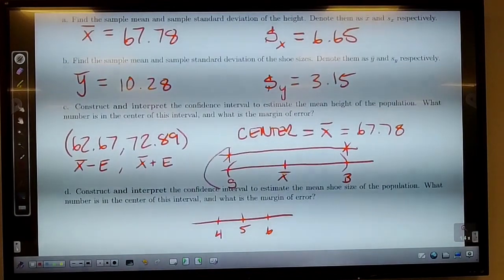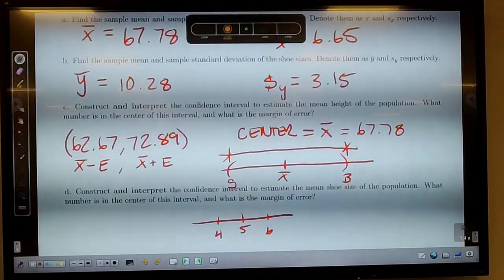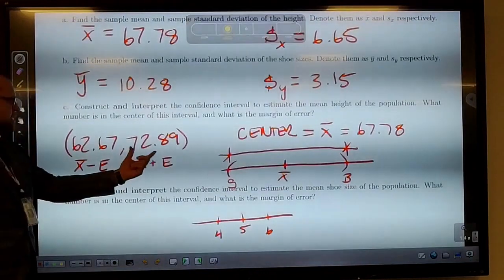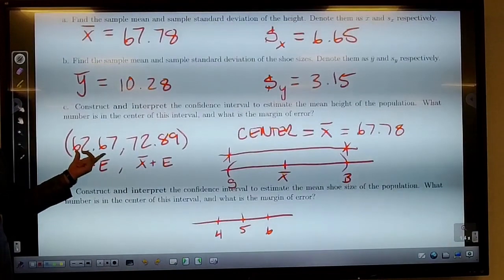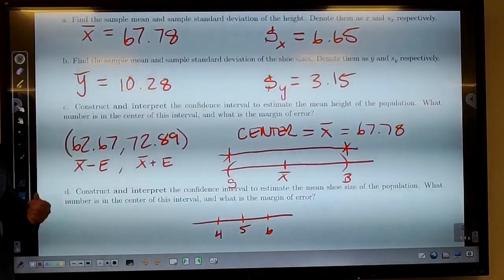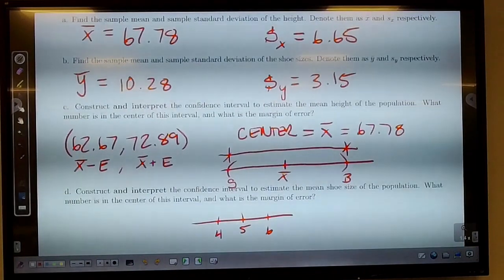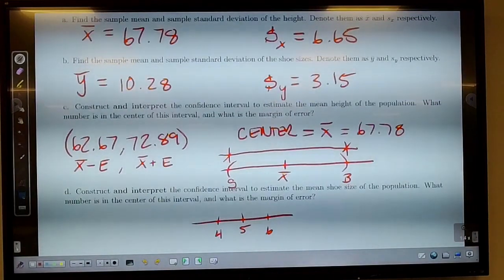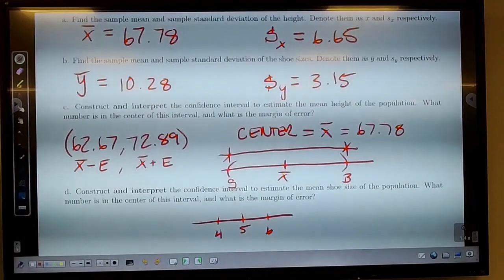Okay. You would have to divide by 2. If you take the big number minus the small number, it's twice the error. So we would have to divide by 2, and then we will know another way to phrase this confidence interval.